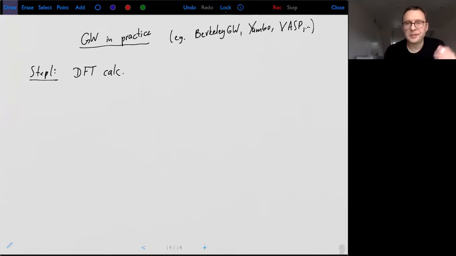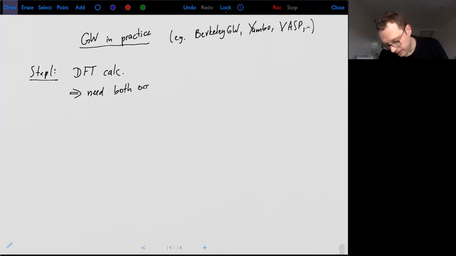Could also be a Hartree-Fock calculation, but most often it's DFT, where you need to calculate both the occupied Kohn-Sham orbitals and the unoccupied, the empty ones.